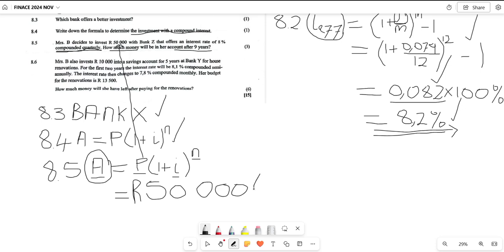Then in bracket 1 plus. Remember, we have the compounding period here. The first thing that we are going to do is divide this interest rate by 100%. We say 8 divided by 100%, which gives us 0.08.